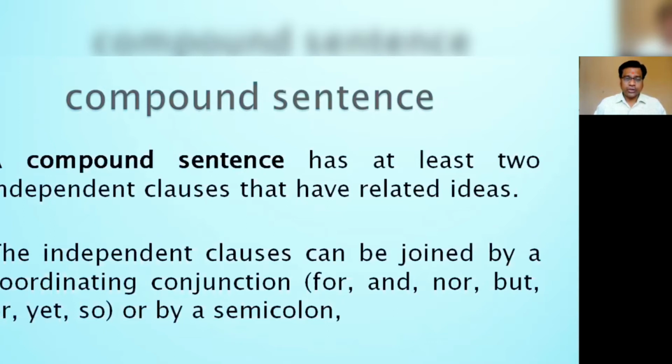How do you bring two different ideas or two different clauses together, expressed in one? You take the help of coordinating conjunctions. See, the coordinating conjunctions are for, and, nor, but, or, yet, and so. These are the 7 coordinating conjunctions which are required in order to create a compound sentence.